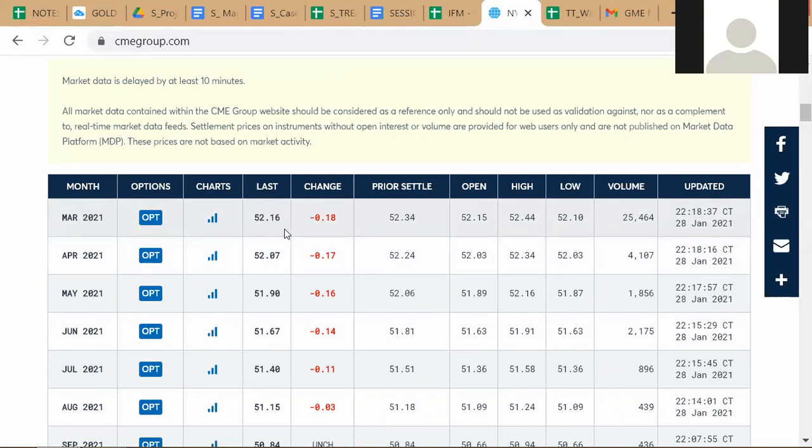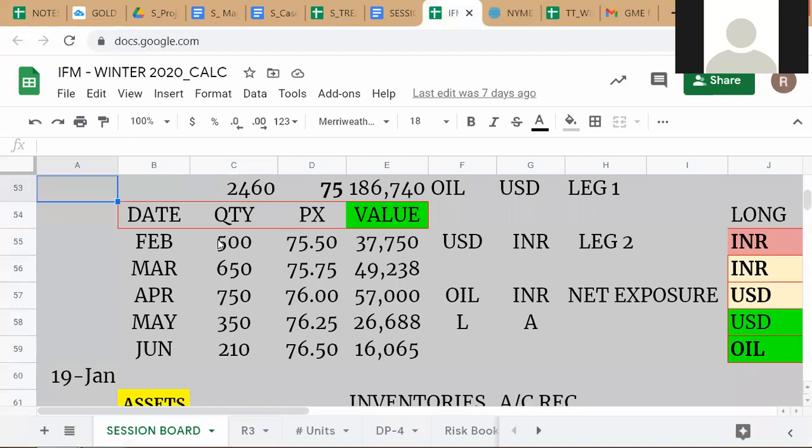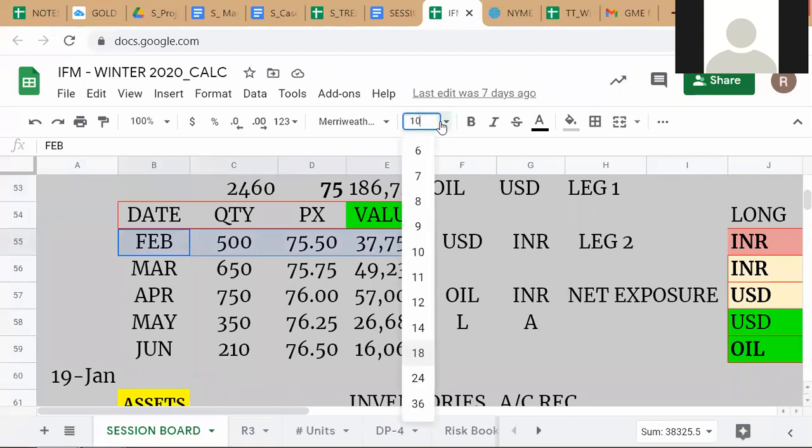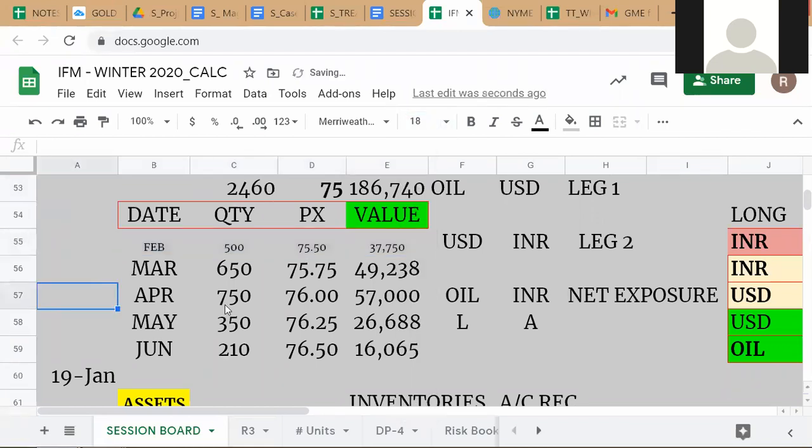So what you will do is, let's ignore Feb for the moment, because Feb is already over. So this is your exposure. Here it's 1960, ignoring the Feb, because the Feb is already over.